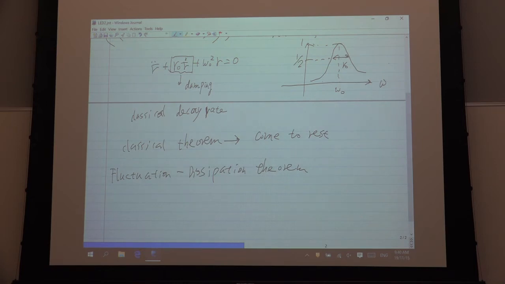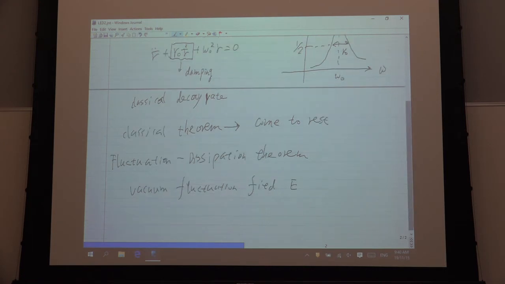And this vacuum fluctuation field, E here, is similar to noise. It has an expectation value of 0, but its variation is not equal to 0.